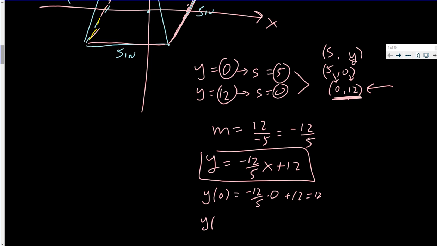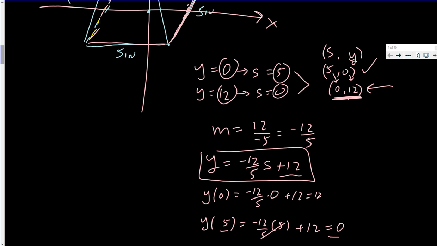Well, what about when s is 5? We're not using x, we're using s. You get negative 12/5 times 5. The 5's cancel, you get negative 12 so far. But then it says to add 12. Yep, you get 0. When s is 5, y is 0. Got it. So we have the right equation.